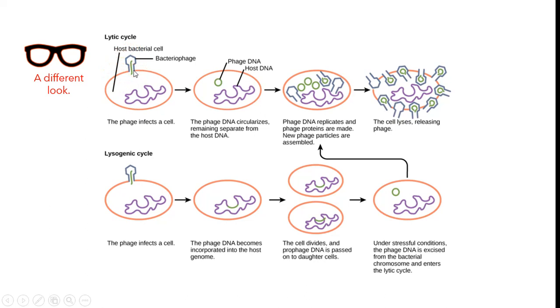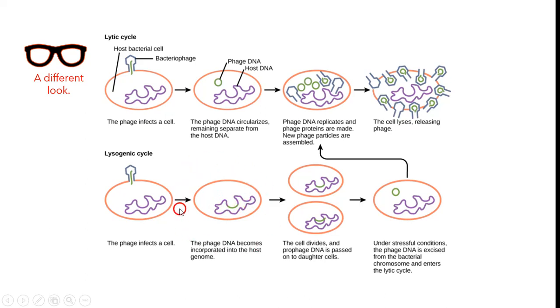The second step is it has to penetrate, and so it's taking its green DNA and it's inserting it into the host bacterial cell. So here's the green DNA inserted into the host cell. Now, at this step, it has to make a decision. Is it going to be active and go through the lytic cycle, or is it going to go into the latent phase and just incorporate itself into the host DNA?